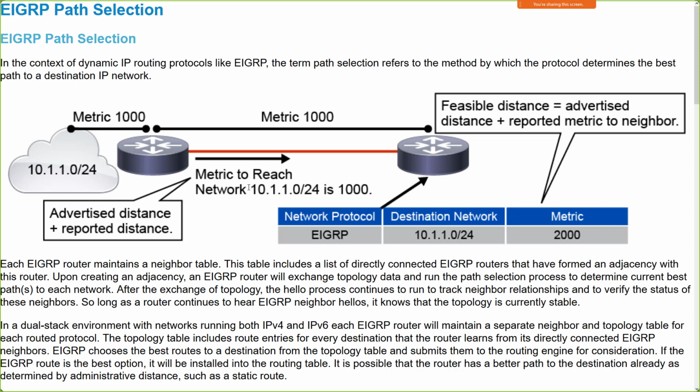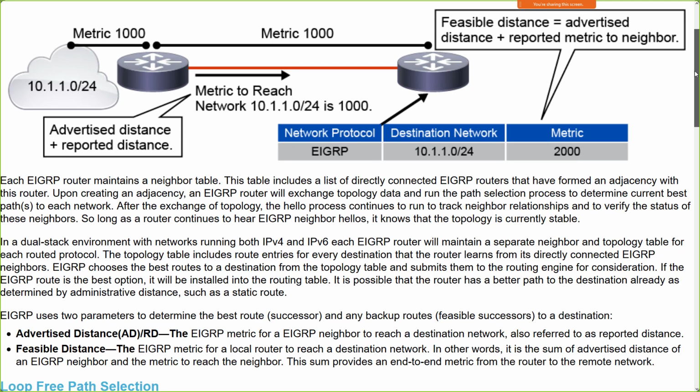So I don't like to use the term advertised distance because the abbreviation for that is AD, so sometimes people get that confused with administrative distance. So I like to use the term reported distance to kind of define the metric that the neighbor uses to reach the overall network destination.